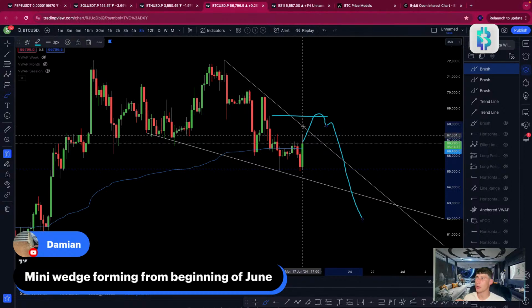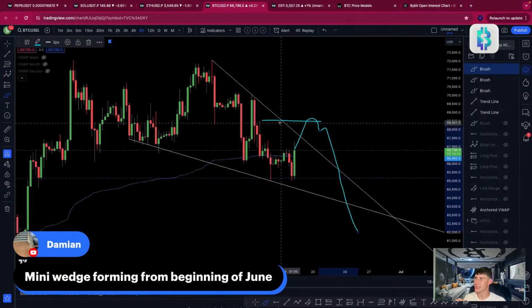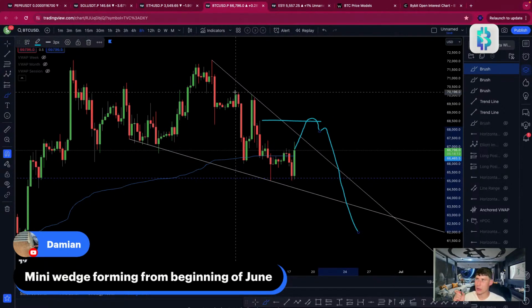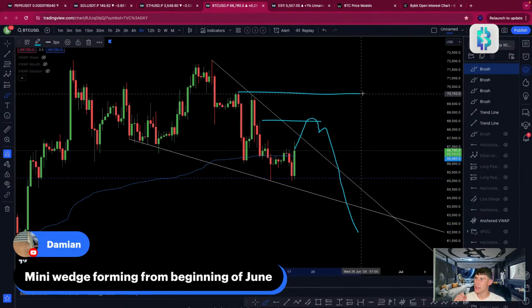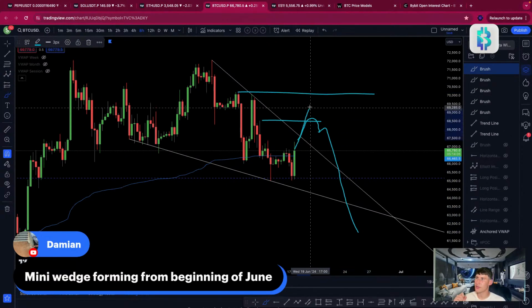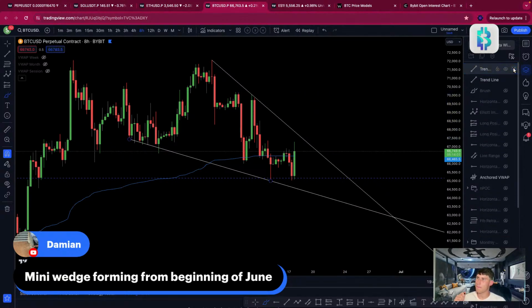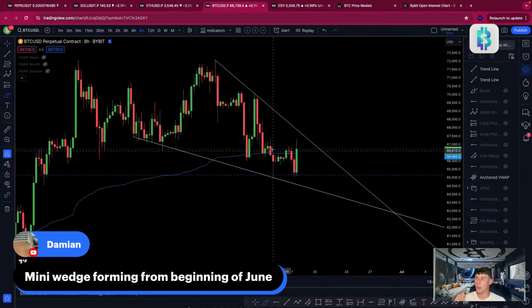Yeah, I acknowledge that, we could see that. I just don't really have a clear liquidity level. Maybe we could argue this, but then we'd have to see price come up a little bit higher. I'll have to monitor it in time and just see what things are coming down.